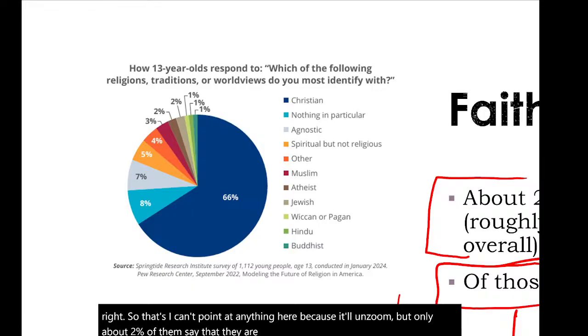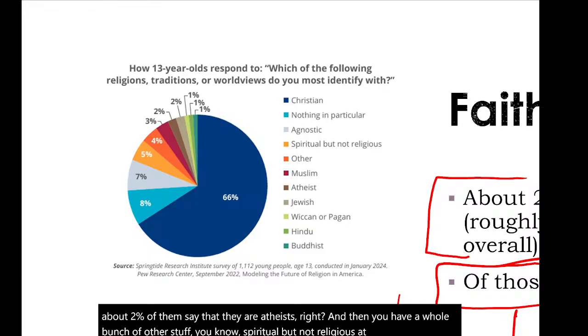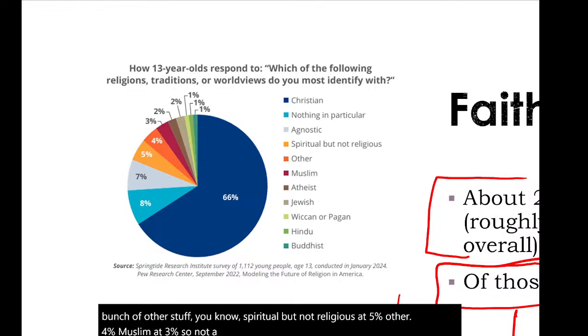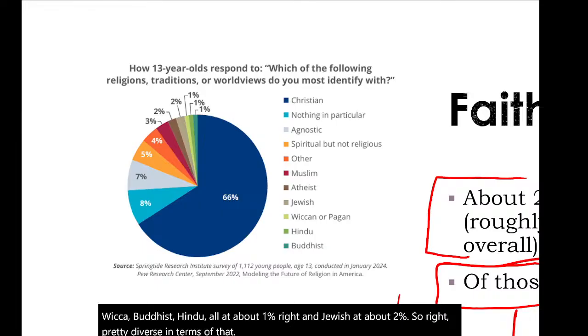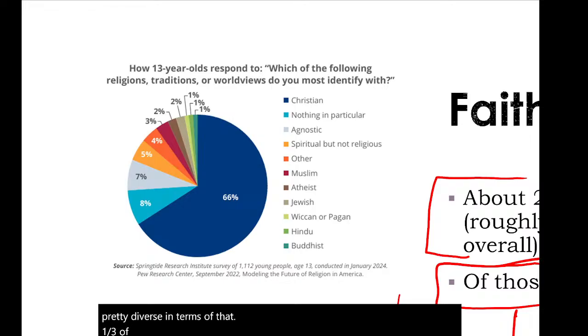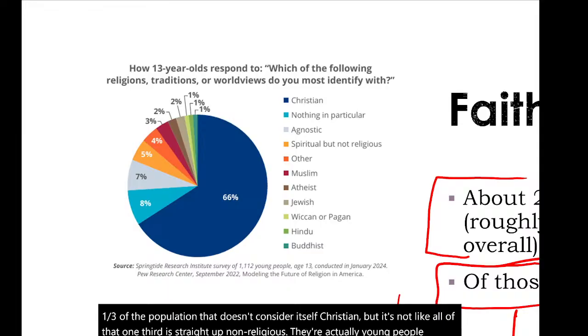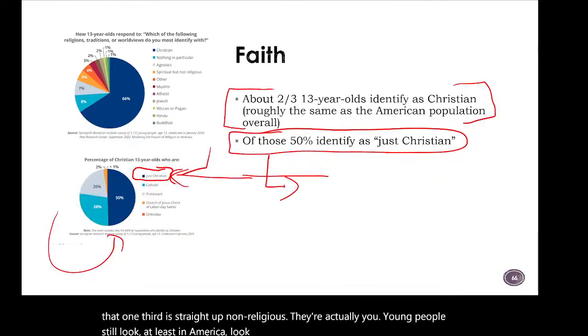And then you have a whole bunch of other stuff, spiritual but not religious at 5%, other at 4%, Muslim at 3%, so not a huge amount. And then you've got your Wicca, Buddhist, Hindu, all at about 1%, and Jewish at about 2%. So pretty diverse in terms of that. 1/3 of the population doesn't consider itself Christian, but it's not like all of that 1/3 is straight up non-religious. Young people, at least in America, still look pretty religious, at least by this sample.